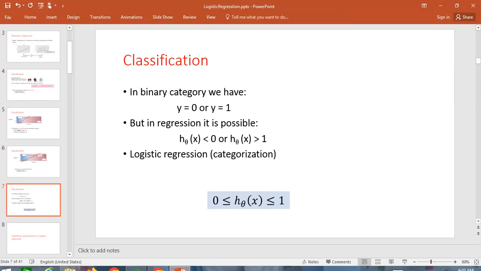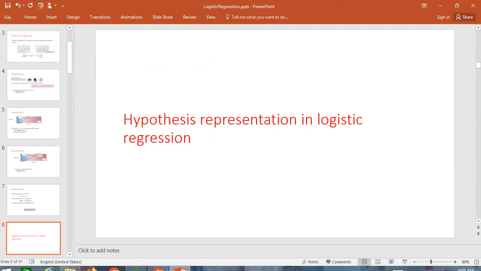Here, if z is 0, the output of the function will be 0.5. If it is very, very small, the output will be 0. And if the value of z is very, very large, the output will be approximately 1. In this way, we have reached our goal.